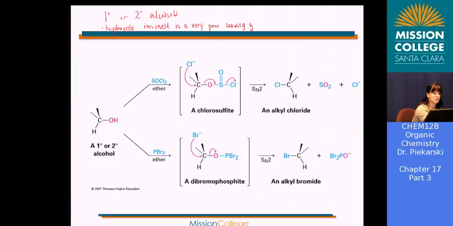A very poor leaving group. And so what we have to do is use special reagents like thionyl chloride and phosphorus bromide.